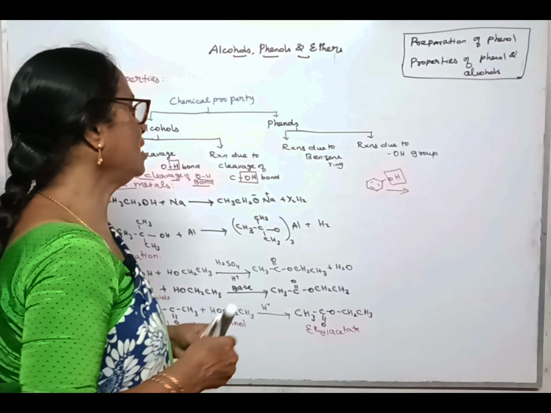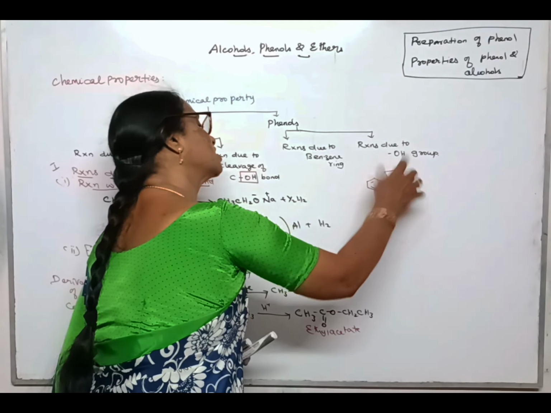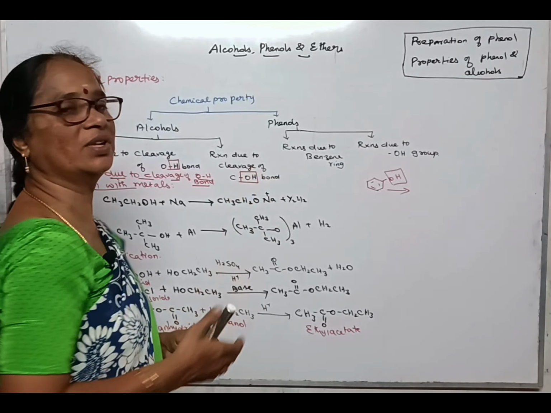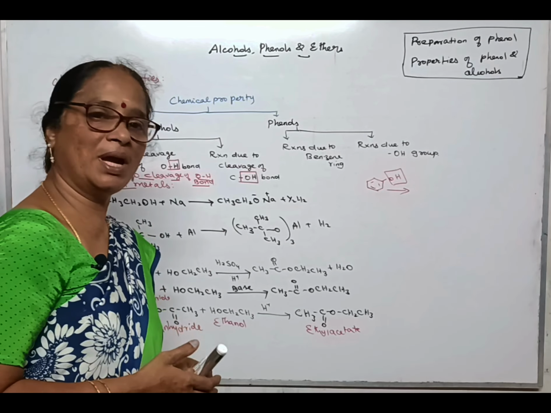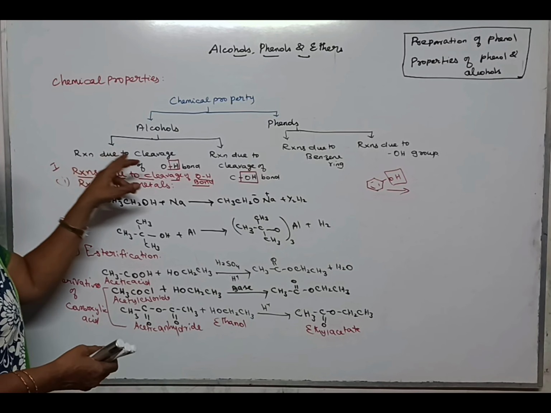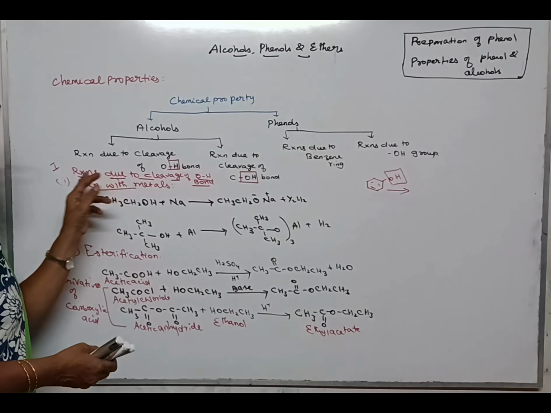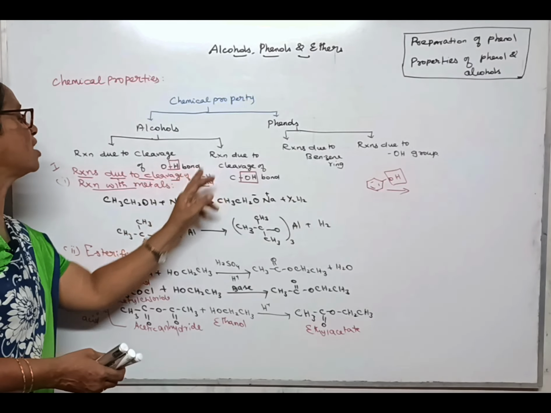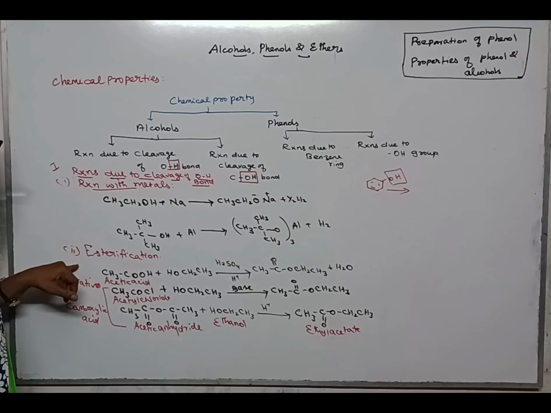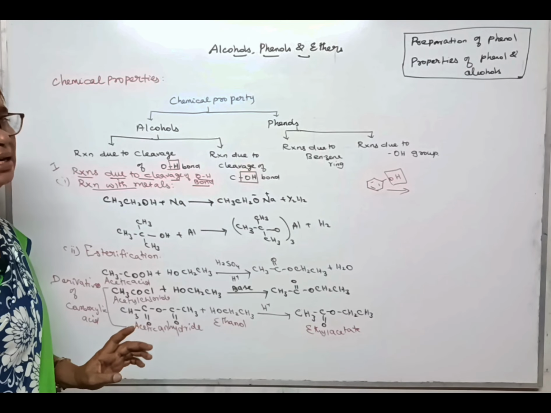The benzene ring will undergo electrophilic substitution reactions, and the functional group may undergo reactions such as esterification and reaction with metals, bases, etc. Let us see first the chemical properties of alcohol, in which we are going to find the cleavage of the oxygen-hydrogen bond. Here we may find two reactions that proceed through the cleavage of the oxygen-hydrogen bond.